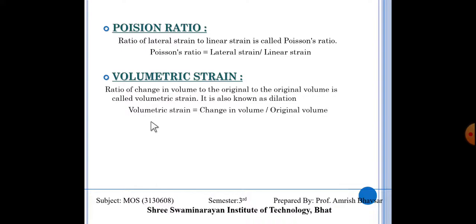Volumetric strain means the ratio of change in volume to original volume, that is epsilon V, equal to delta V upon V. That also we know.